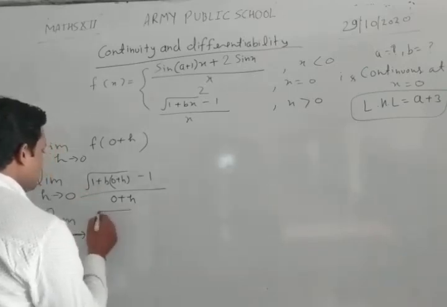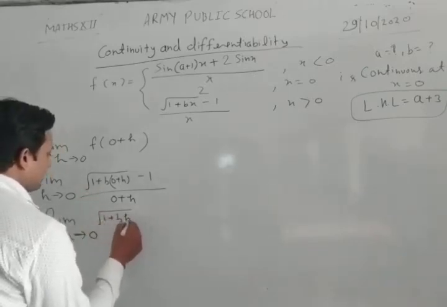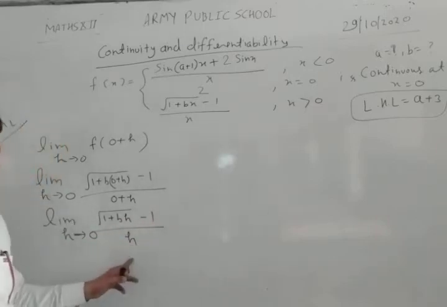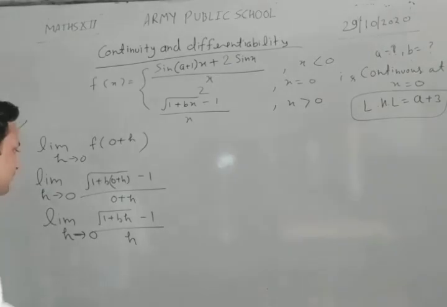This will be (√(1+bh) - 1)/h. Now we will rationalize it. We multiply by (√(1+bh) + 1)/(√(1+bh) + 1). This is (a-b)(a+b), so we write a² - b².